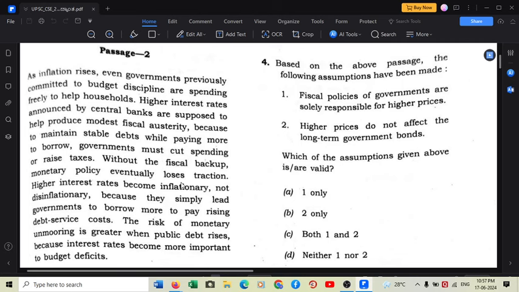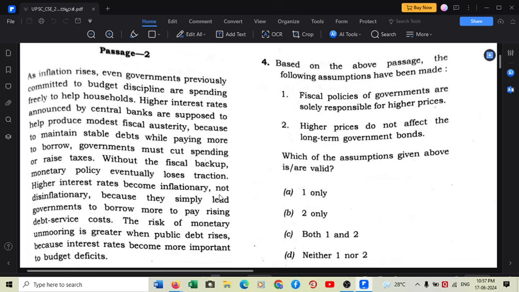So without the fiscal backup, monetary policy eventually loses traction. Higher interest rates become inflationary, not disinflationary, because they simply lead governments to borrow more to pay rising debt service costs. Definitely, if the interest rate is higher, the money supply in the market will be lesser and loans will be discouraged.